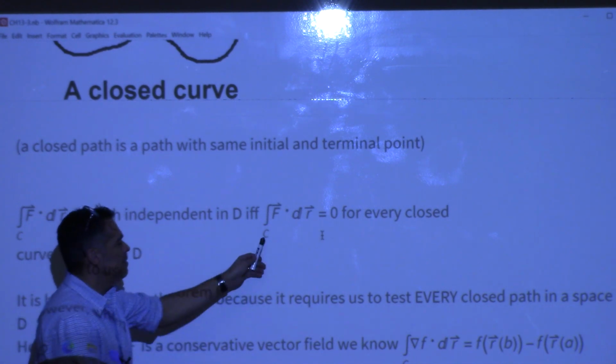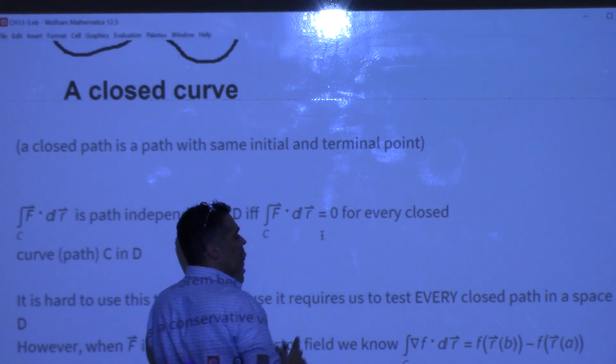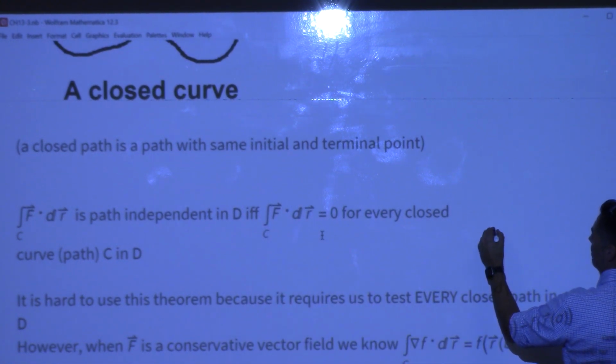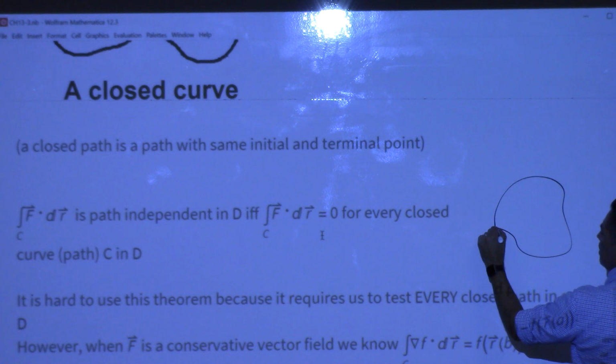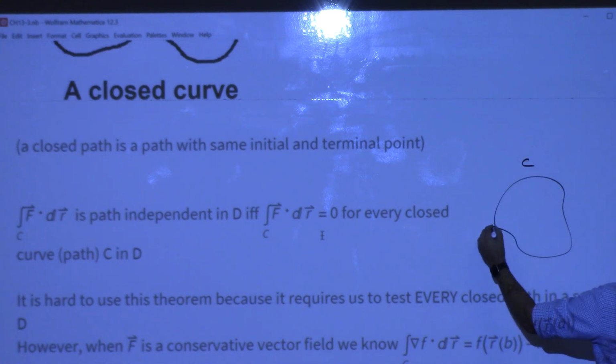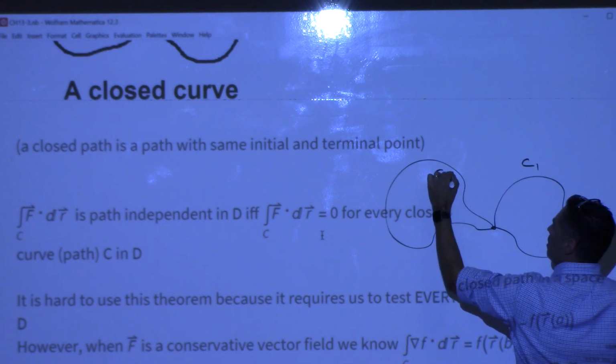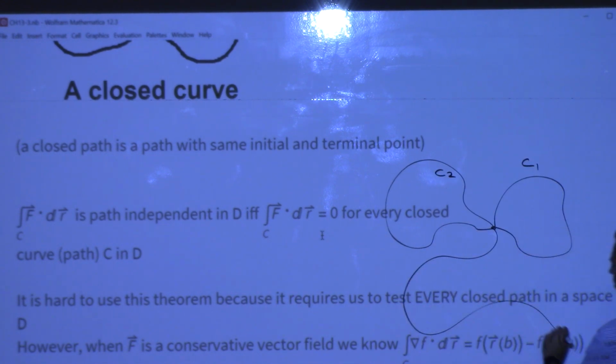Sorry, for every closed curve. So I'm sitting here in space, I pick some curve C, it starts here, it ends there. Let's call that C. Pick some other curve, it starts here, ends here. Call that C1, C2. Start here, go like this, come back. Don't want to cross over ourselves. Let's keep it a simple curve like that.